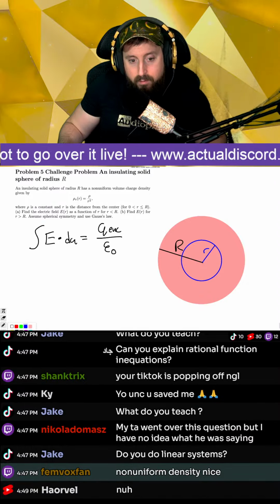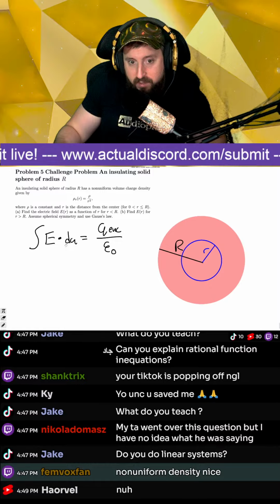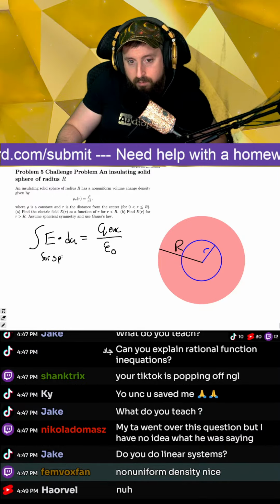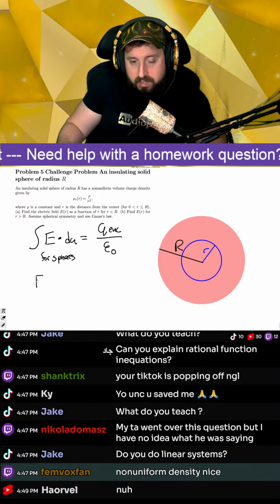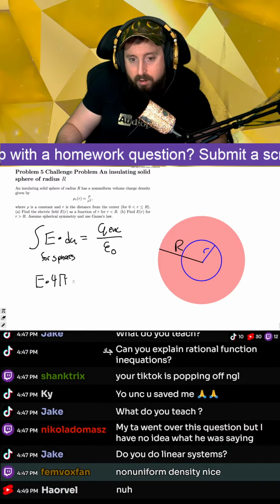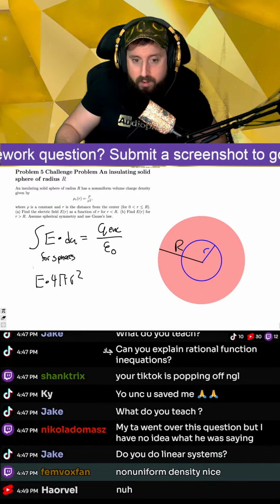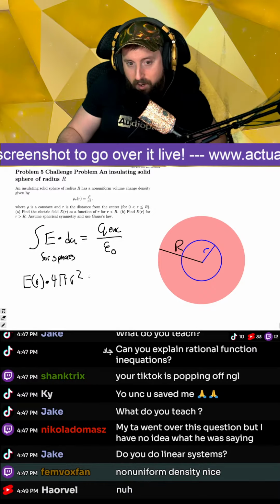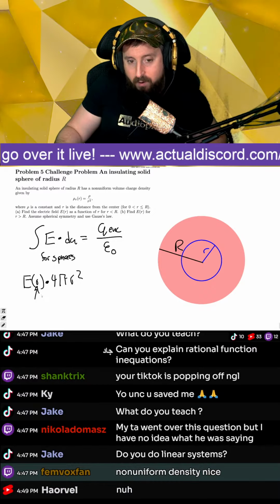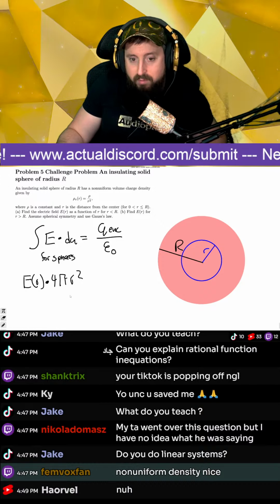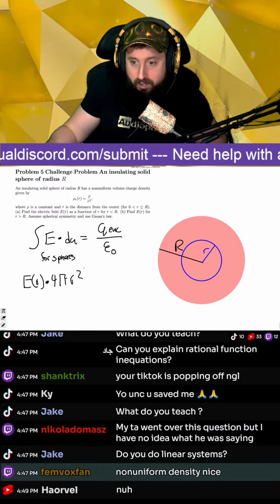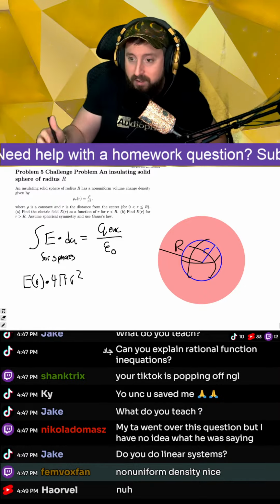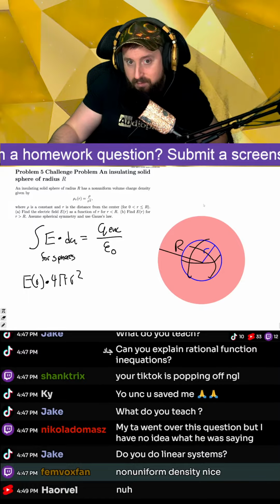So E dot dA for spheres is just going to equal E times 4 pi r squared. Important: this is technically E of r times 4 pi r squared. It's the electric field at r times 4 pi r squared, because this is the surface area of this imaginary shape I'm making inside the big solid sphere.